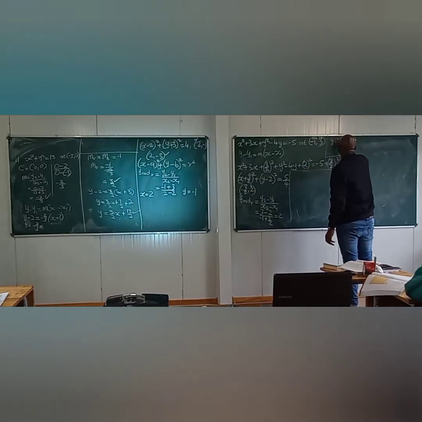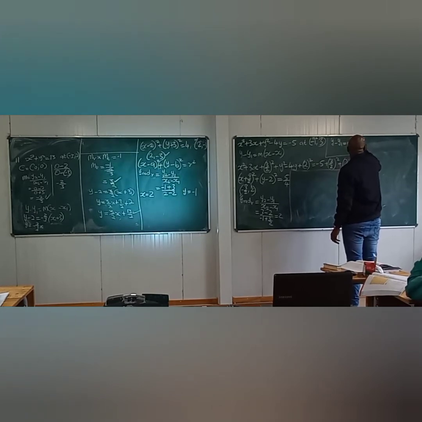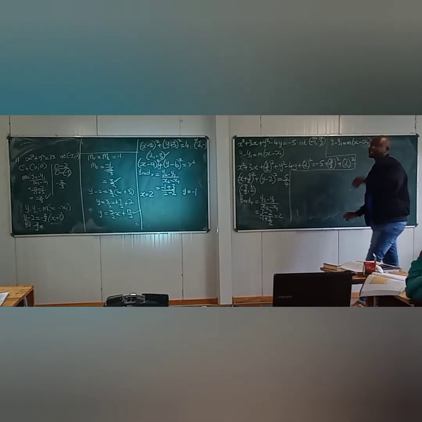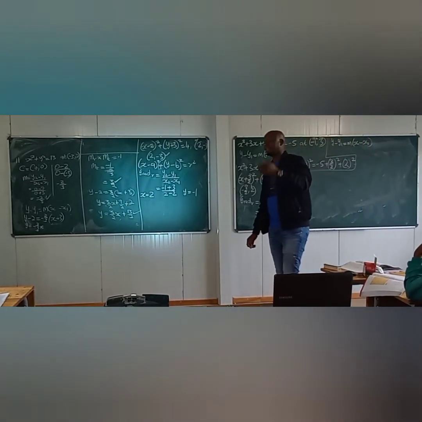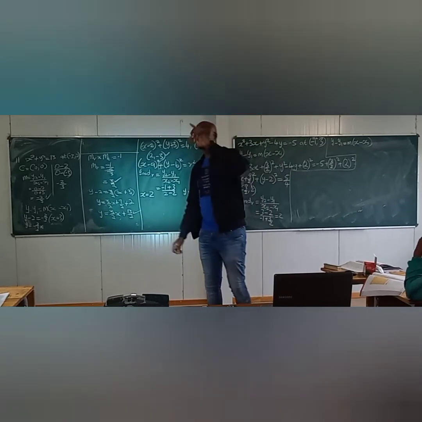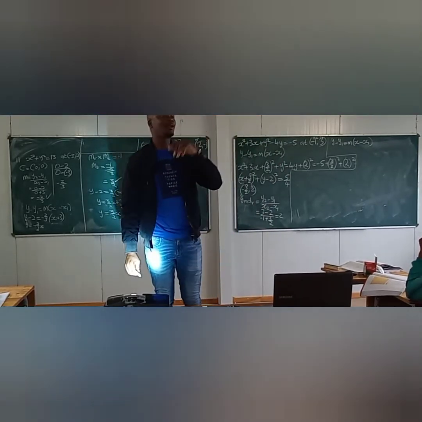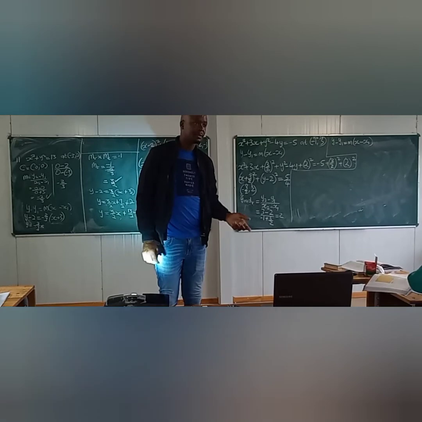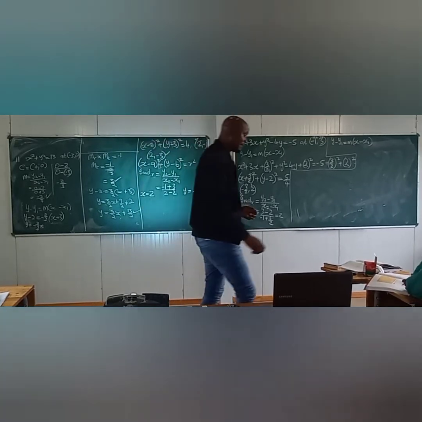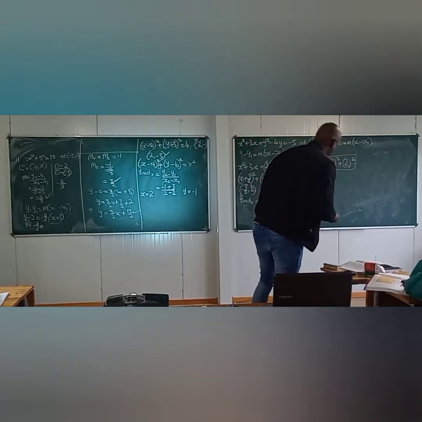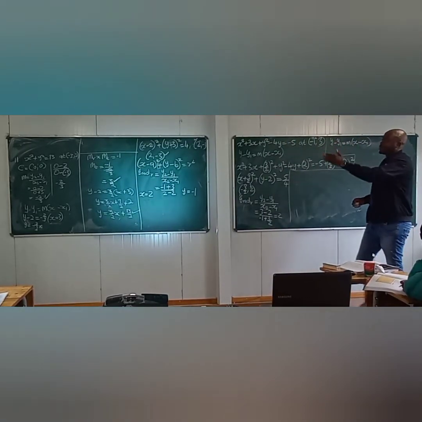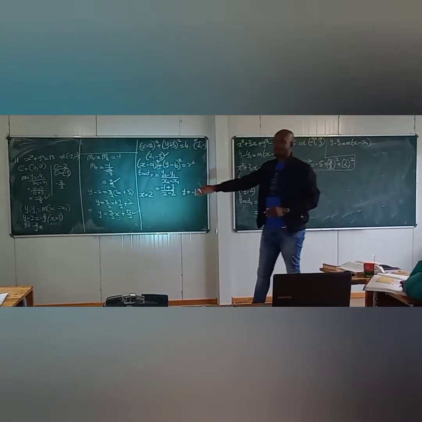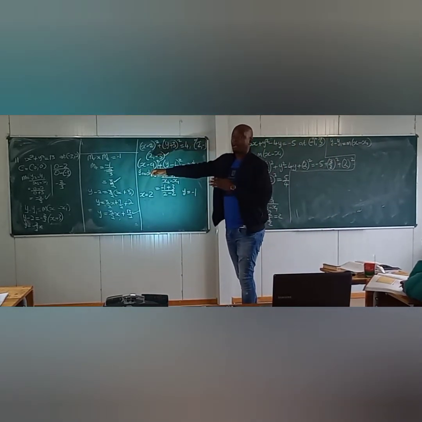Then the formula: y minus y1 equals m into x minus x1. Just write the formulas; every time we want to appreciate it, repeat it, write the formulas until you get it.